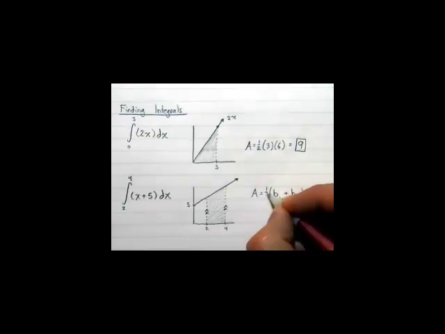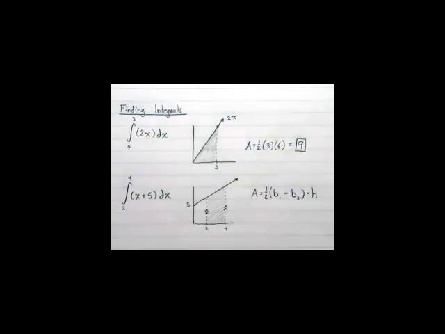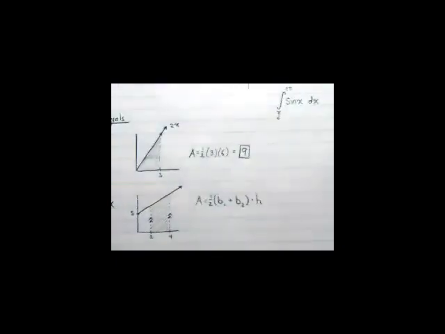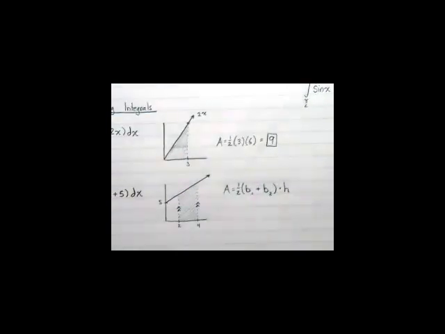But then there's also a 1/2 in there. So it's 1/2 times base 1 plus base 2, times the height. Now, you're used to seeing trapezoids that look like this, where you have a base and a base going this direction. However, trapezoids are allowed to look like that too. So just be careful. Your bases are the two left and right-hand sides.